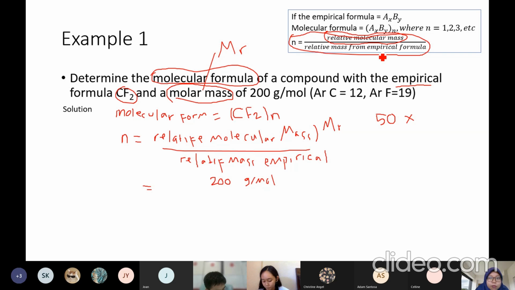And the relative mass from the empirical formula is the MR of CF2, the empirical formula, not the MR of the compound. What is the MR of CF2? Please calculate it.